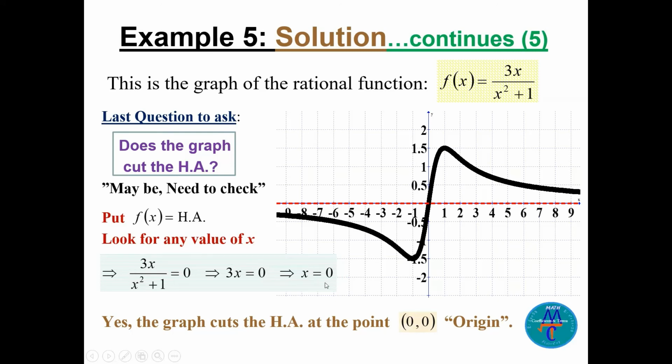It can be another value, maybe x equals 1, or x equals half, or x equals minus 6. Then you take that number, put it in the function here, you will get the y value. But it happened here that the graph cuts the horizontal asymptote at the origin, 0, 0.